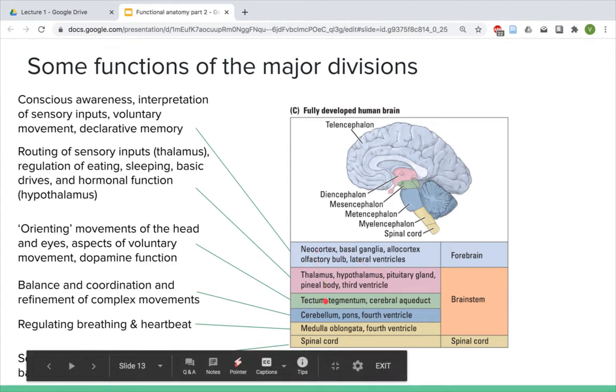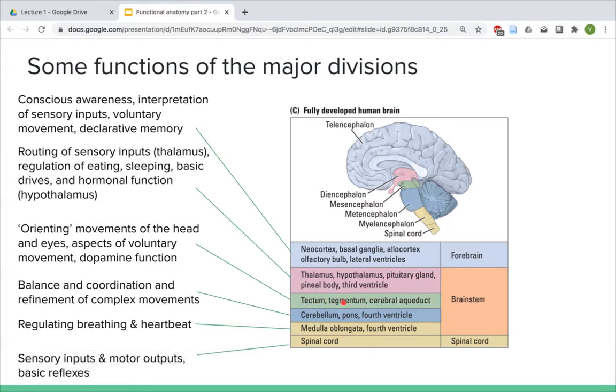If we go down a level here to the mesencephalon, this is called the midbrain. This contains structures that govern what are called orienting movements. Orienting means moving the eyes or the head or the body in order to look at something. If you hear a sudden sound or see some movement out of the corner of your eye, your eyes and your head and your body will automatically move and orient towards it.